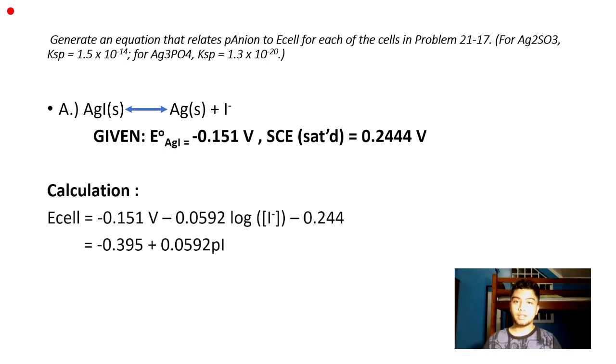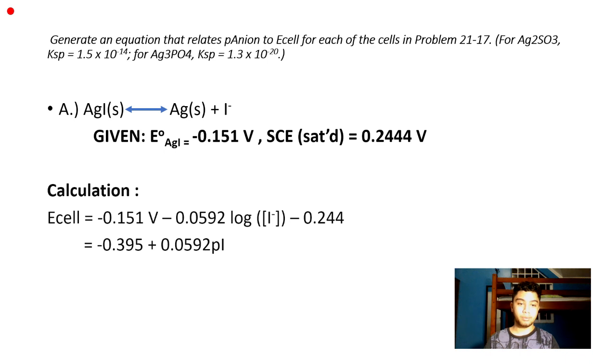In order to find the p-value of something, we take the negative log of it. After taking the negative log and simplifying the equation, we add the negative 0.151 and the negative 0.244, so it is equal to negative 0.395 plus 0.0592 pI.